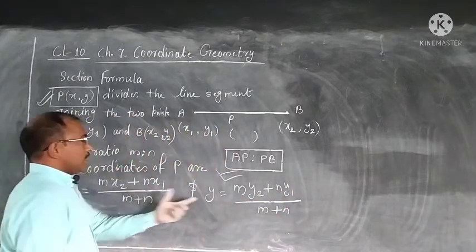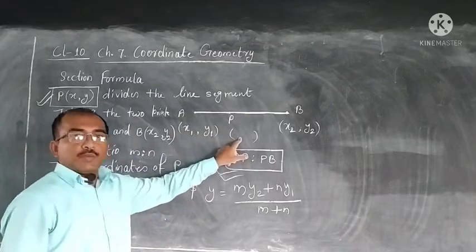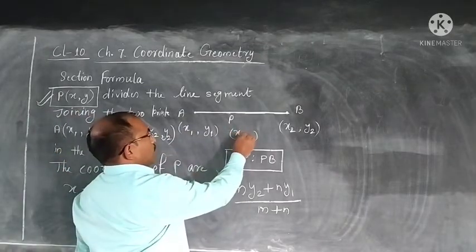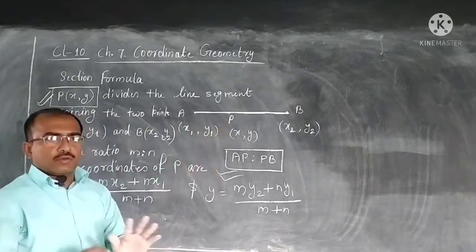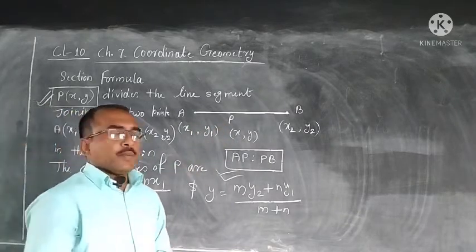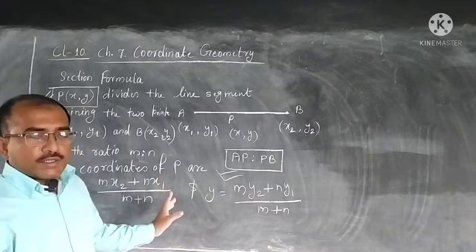So, these two will give us the coordinate of the point, whatever name we give, P, X, Y or Q, R, S, T, name will be different, but situation will remain this.